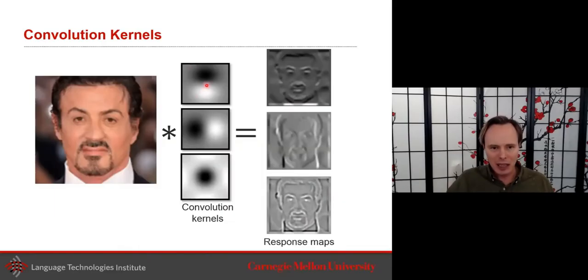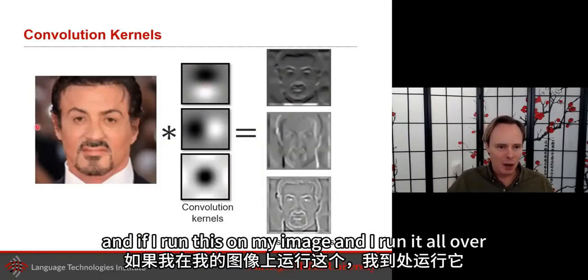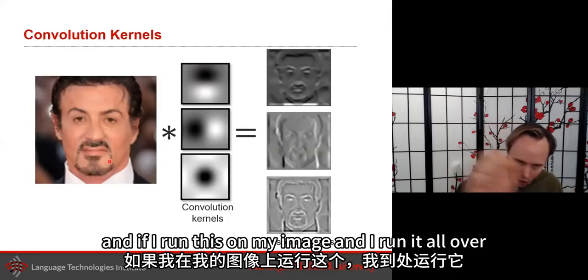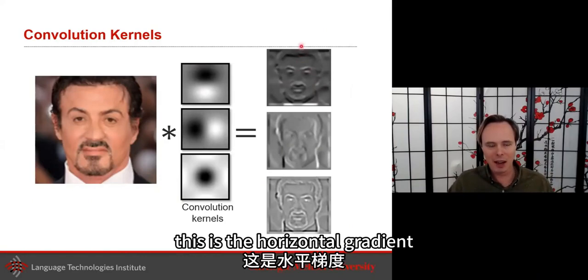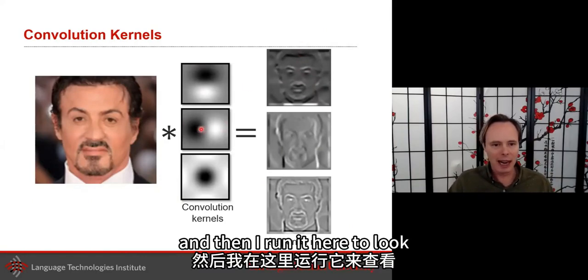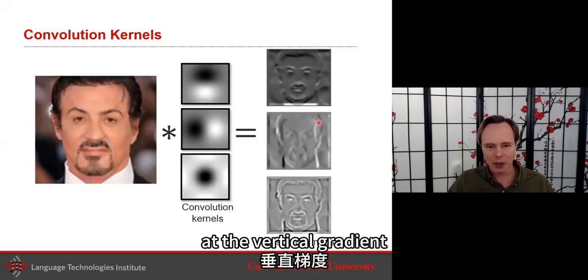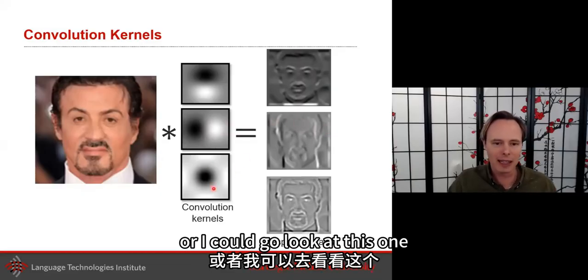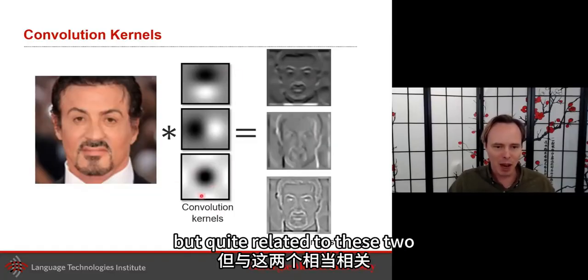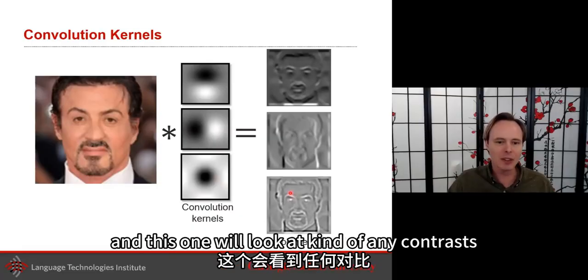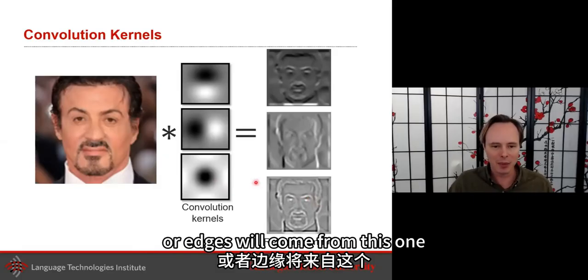If I run this on my image all over, I get a response map. You can see here, this is the horizontal gradient. And then I run this one to look at the vertical gradient. Or I could look at this one, which is not exactly an approximation, but quite related to these two. And this one will look at any contrast, where edges will come from.